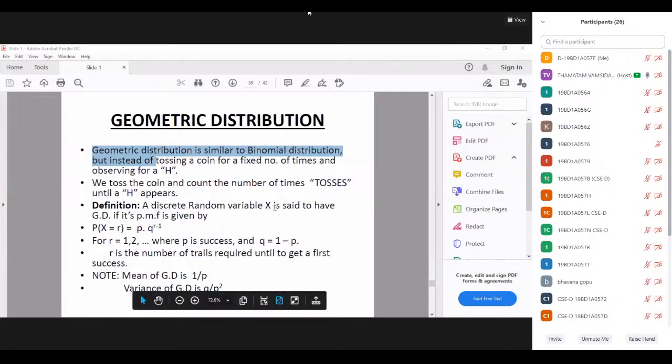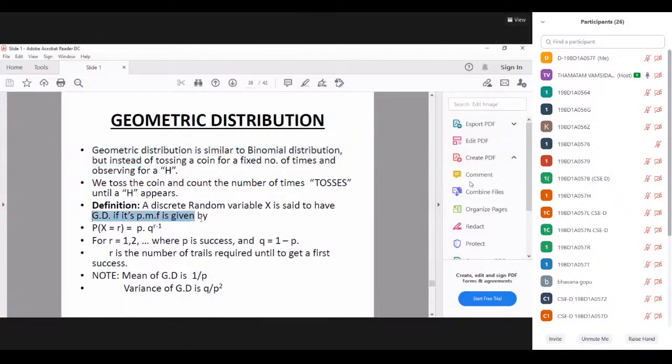A discrete random variable x is said to have geometric distribution if its probability mass function is given by probability of x equals r, that is p into q power r minus 1, where r equals 1, 2 and so on, and p is success, q is failure, that is q equals 1 minus p. r is the number of trials required until we get the first success.